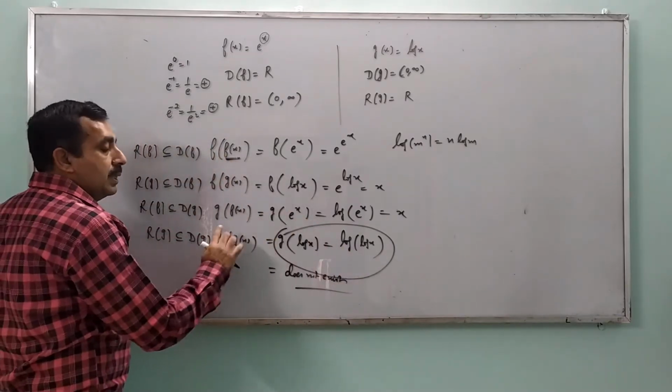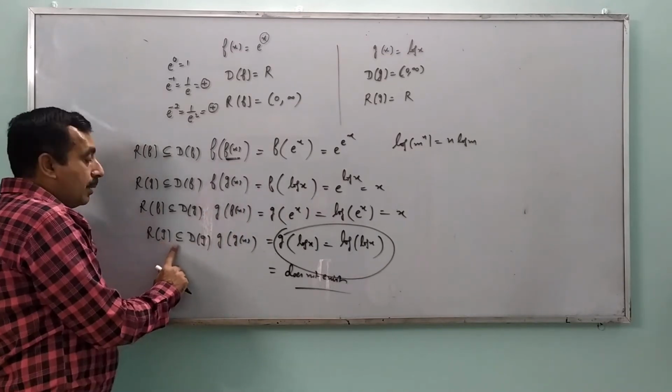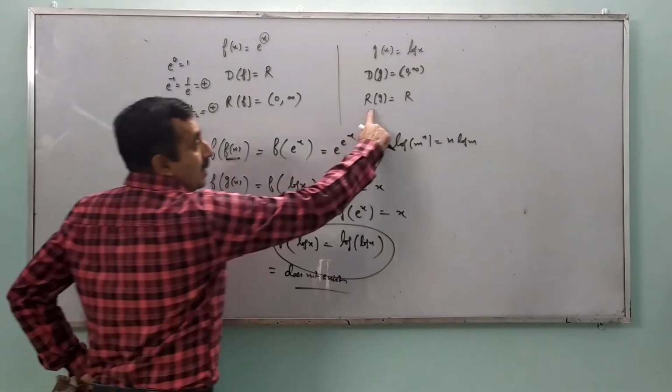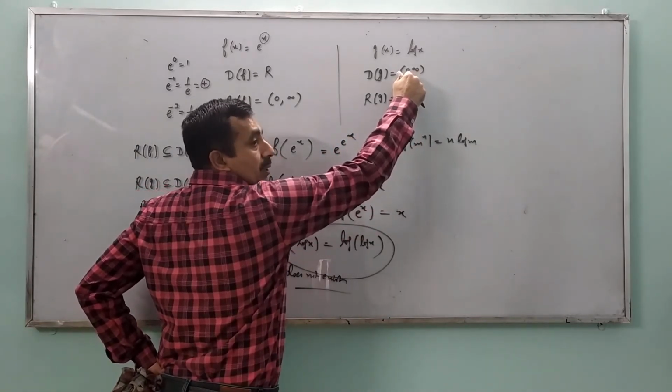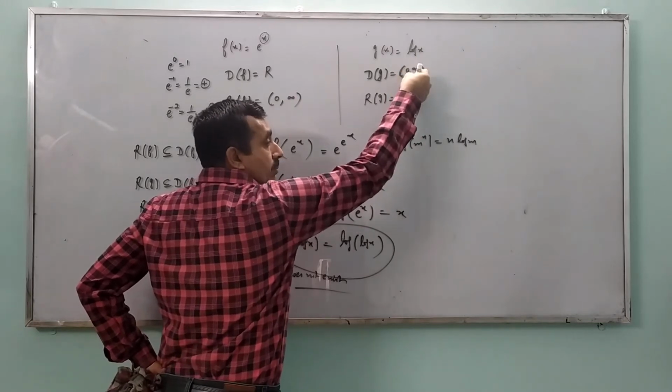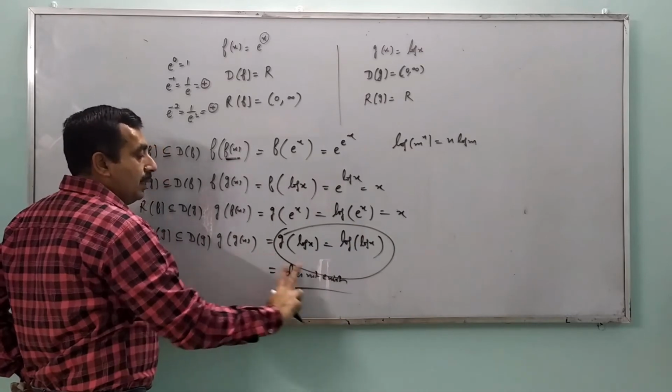It means g of g does not operate. Why? Range of g should be a subset of domain of g, but range of g is not a subset of domain of g. This R is not a subset of this. Therefore, this value does not exist.